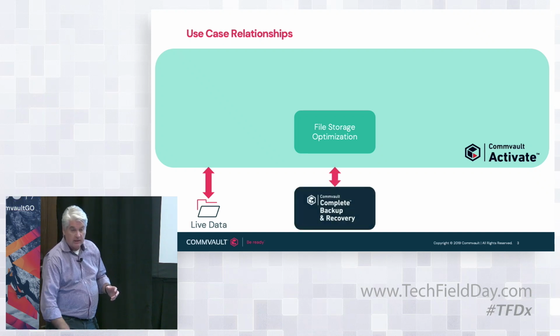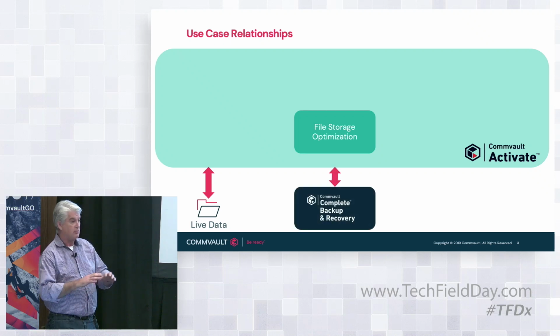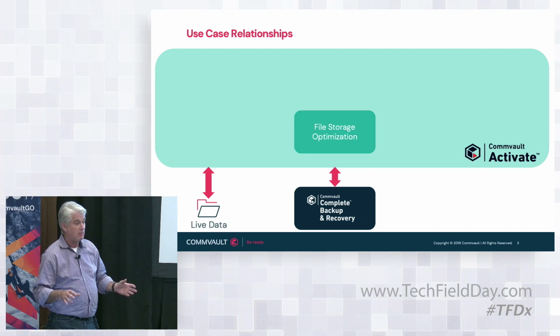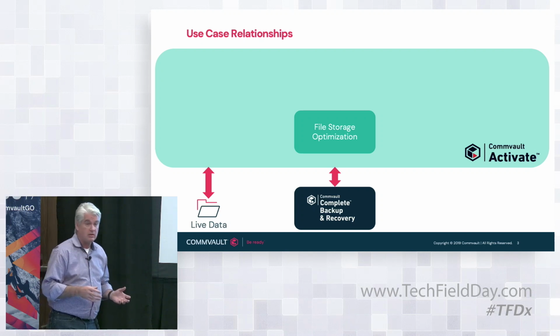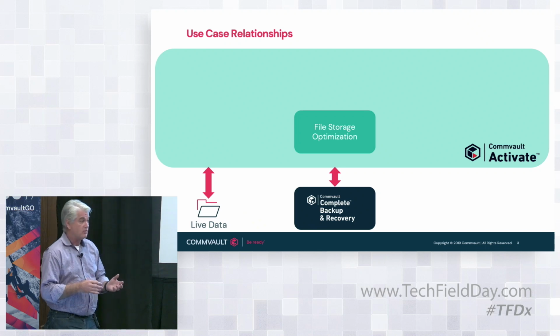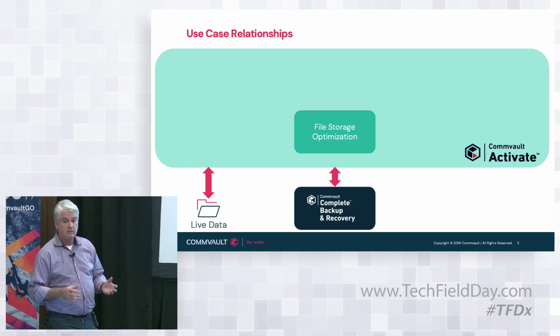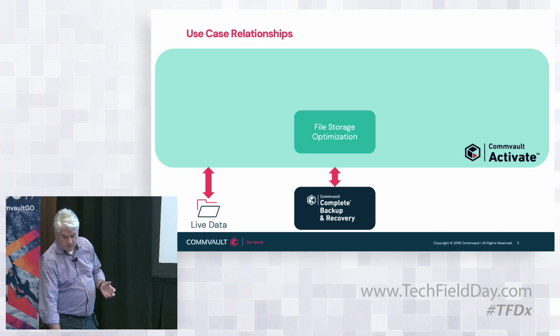Let's see if there are opportunities to put a more robust data management and protection strategy in place based on the stuff that we're currently not managing, right? So this actually drives a lot of discussion around discovering these new silos that should have some sort of backup function associated with them.